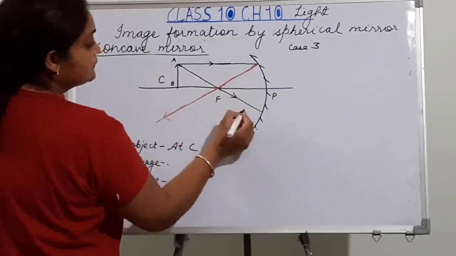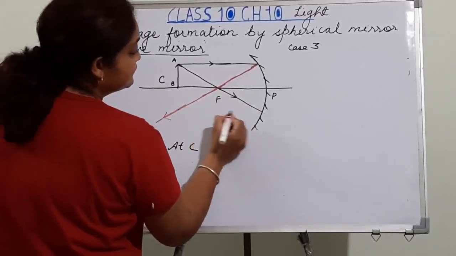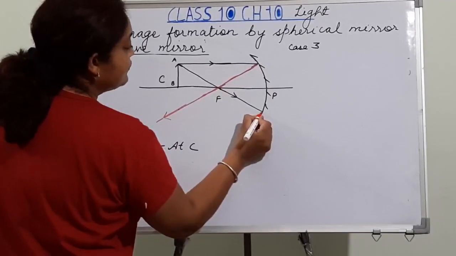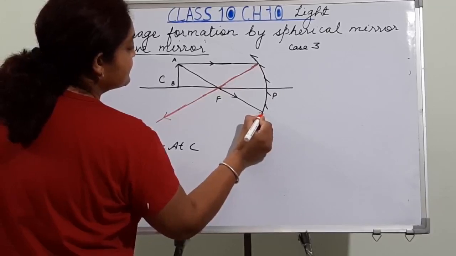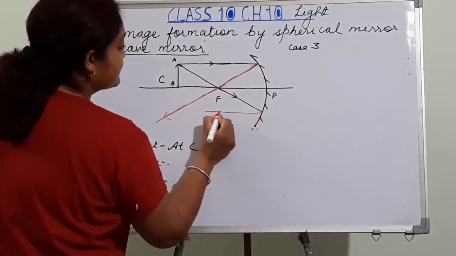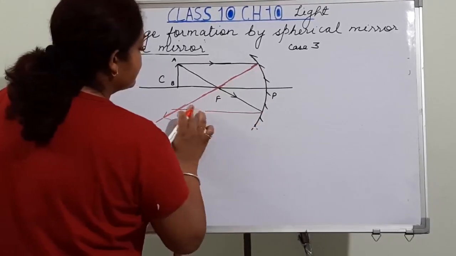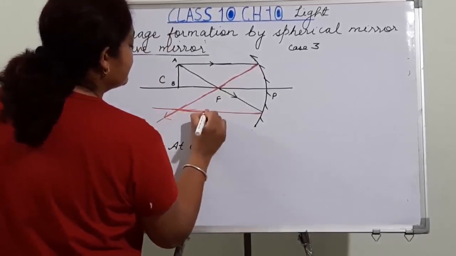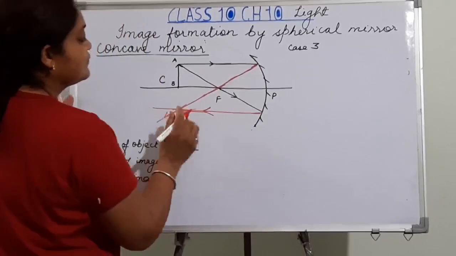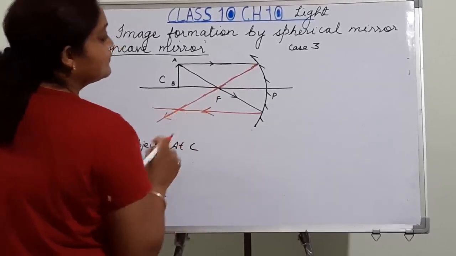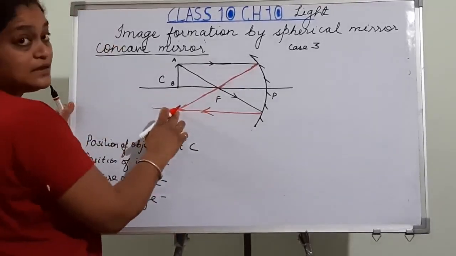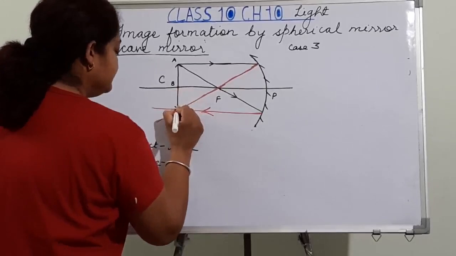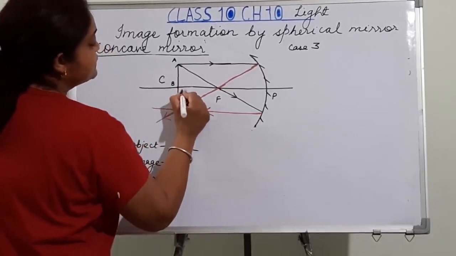After reflection, it will go parallel to the principal axis. So here these reflected rays are meeting. So the image is formed here.